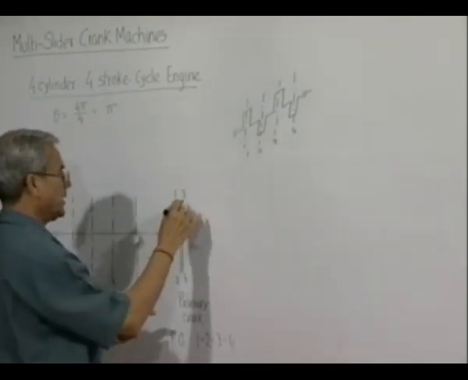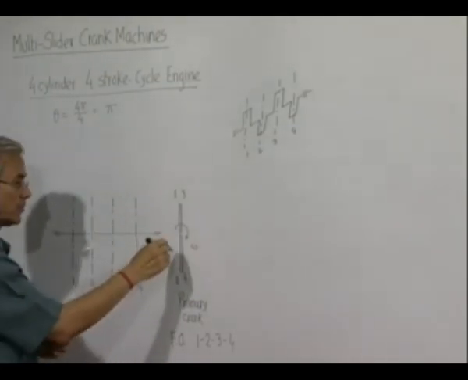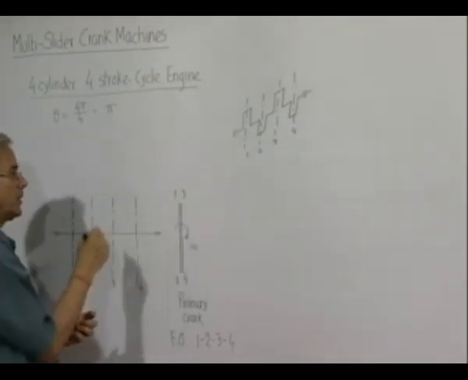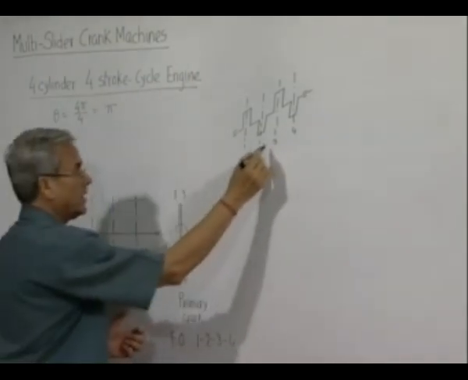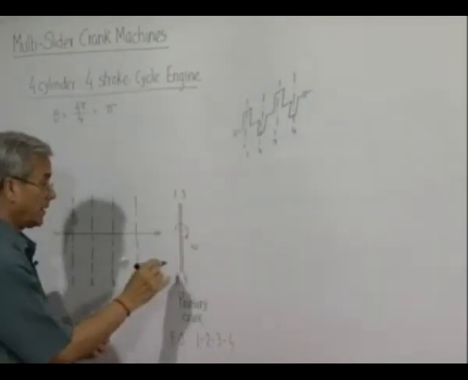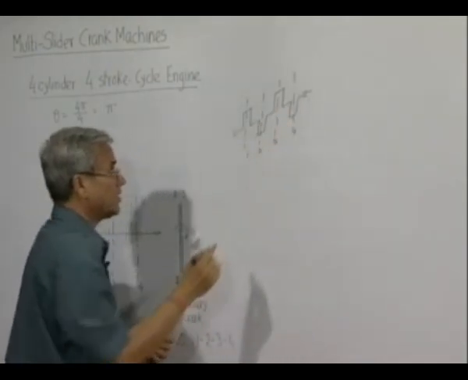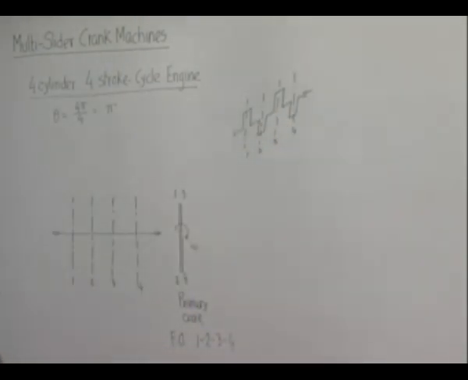Then number 3 comes up after a total of 2 pi, that means after 2 it will be another pi. When 3 comes up, that fires, and then finally after another 180-degree rotation, the cylinder number 4 fires. So, this will be the isometric view of the common crankshaft.